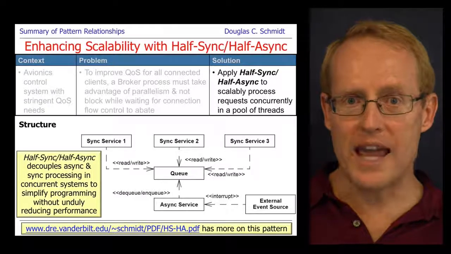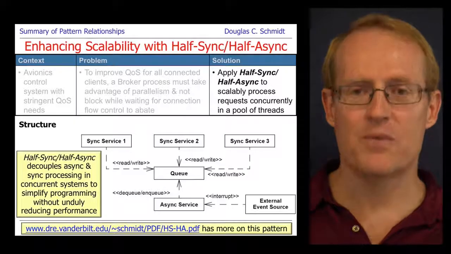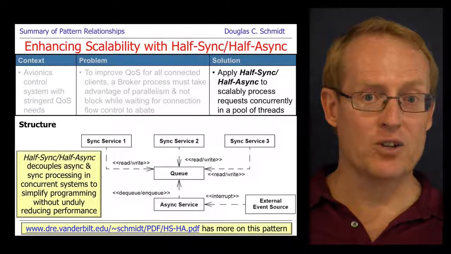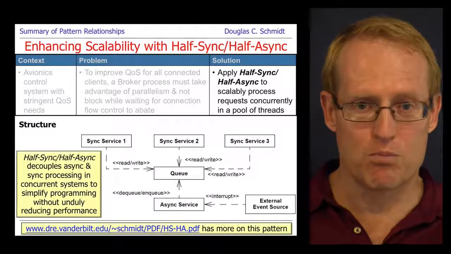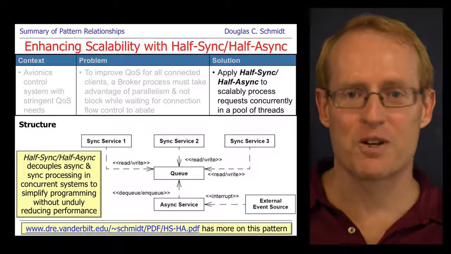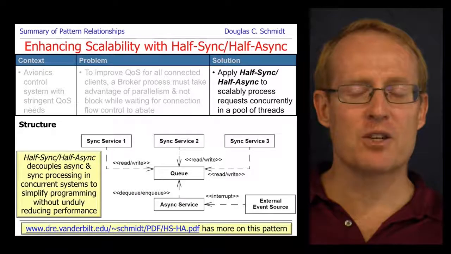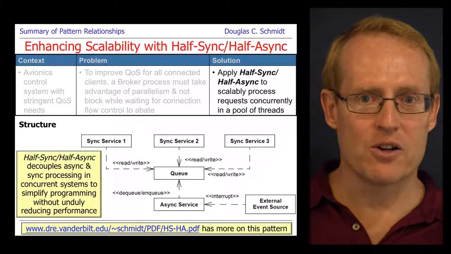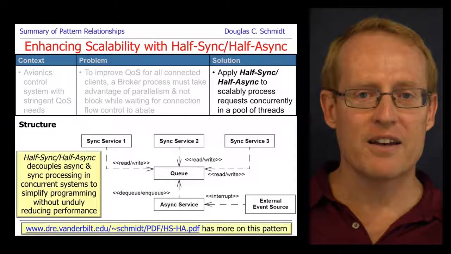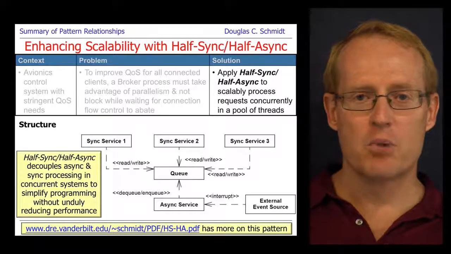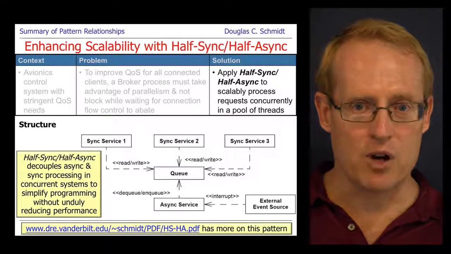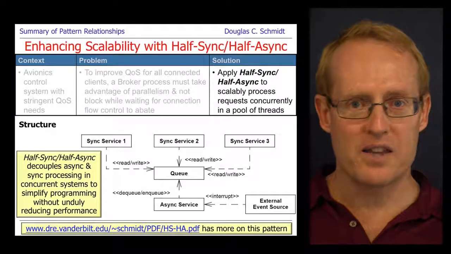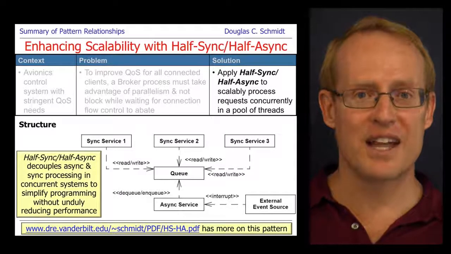There's the so-called async layer, or reactive layer, where you can run a reactor or some kind of interrupt-driven callback mechanism if you're programming inside an operating system kernel, for example. When low-level events occur, that async layer does just enough work to read the event from the source of events, put it into some kind of message, and then stick it onto a request queue that sits between the async layer and the sync layer.